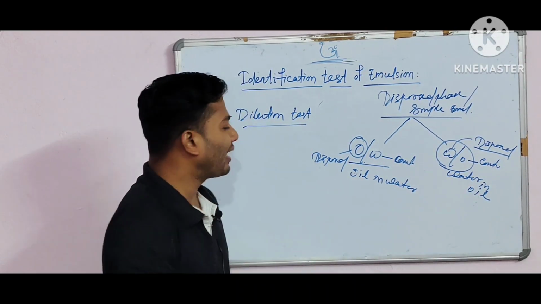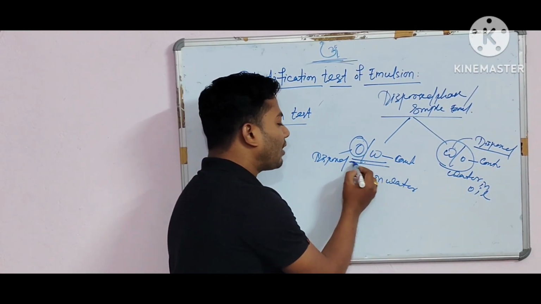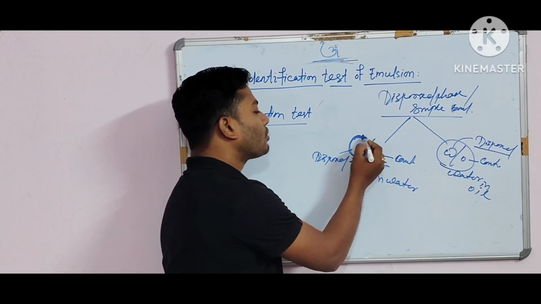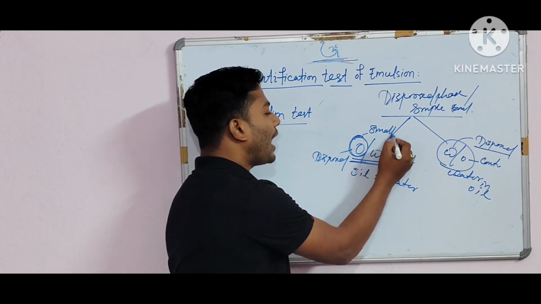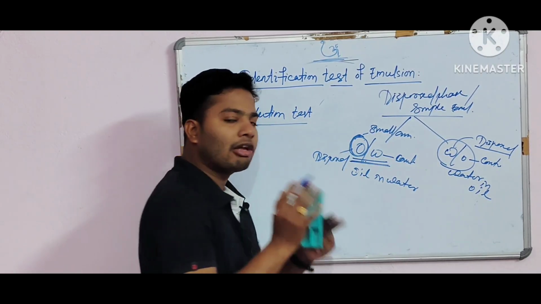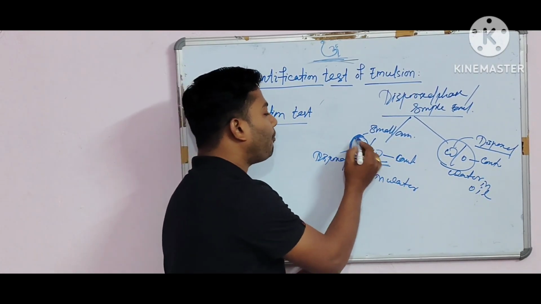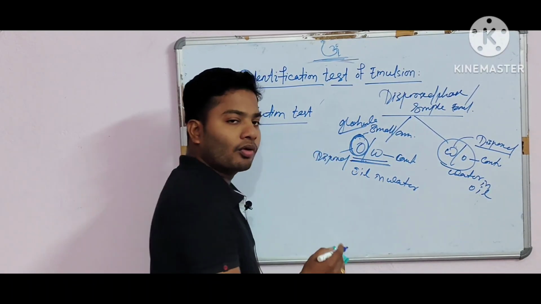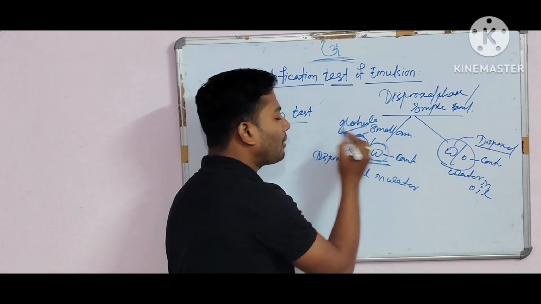Simply you can say in the O/W type of emulsion, the oil molecules are in small amount, and those oil molecules are uniformly dispersed in the form of globules in the water medium.